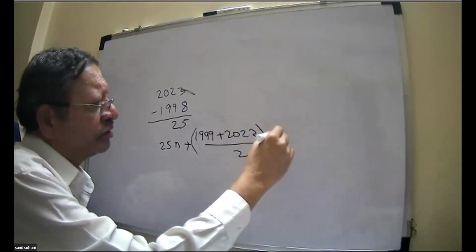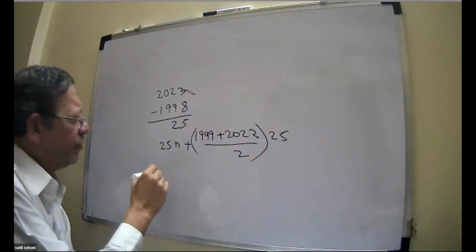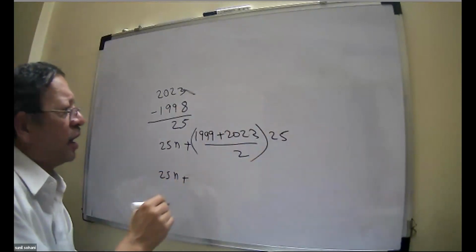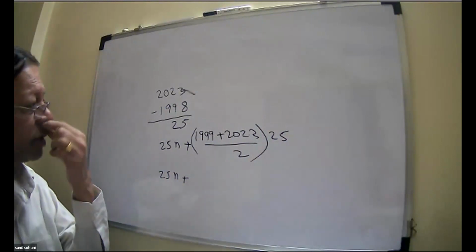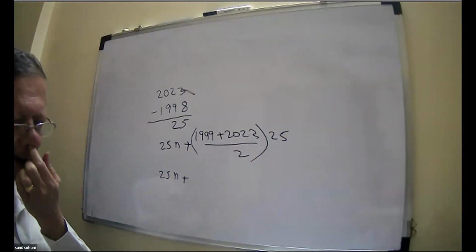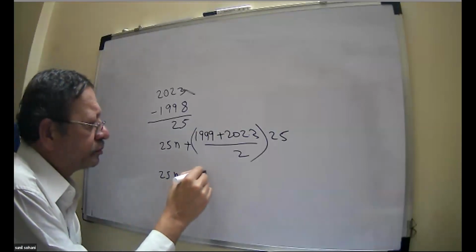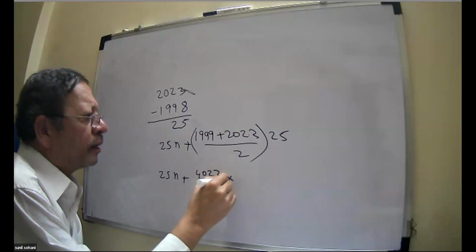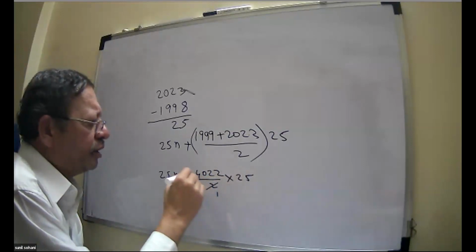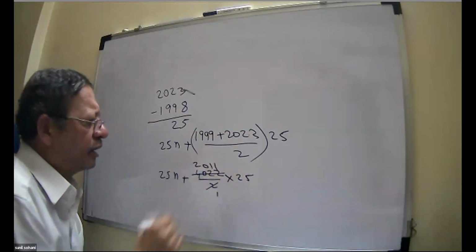This is 25 terms. So 25n, and 1999 plus 2023 is 4022, upon 2, into 25. So this will be 2011.